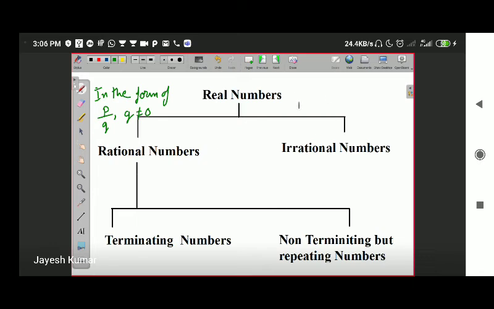Irrational numbers cannot be represented in p by q form. There is another name for irrational numbers, that is non-terminating non-repeating numbers.